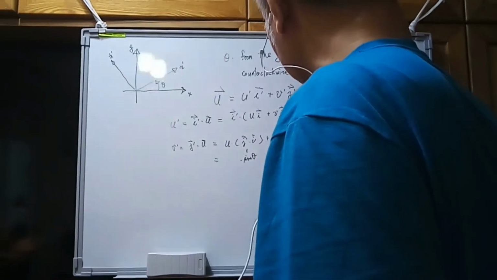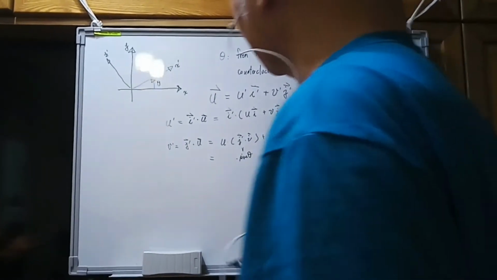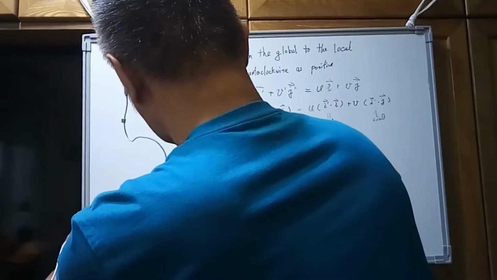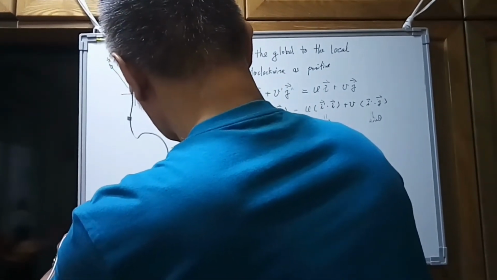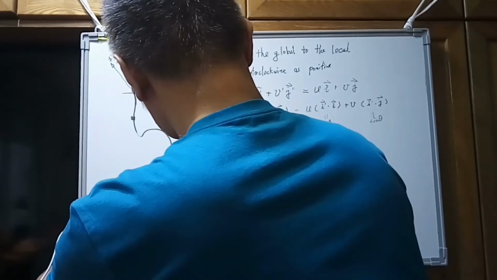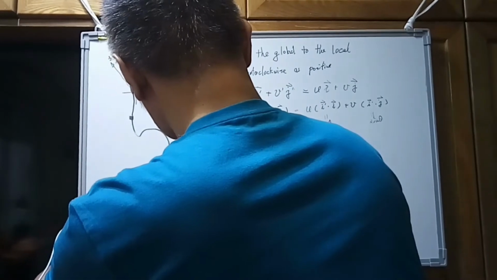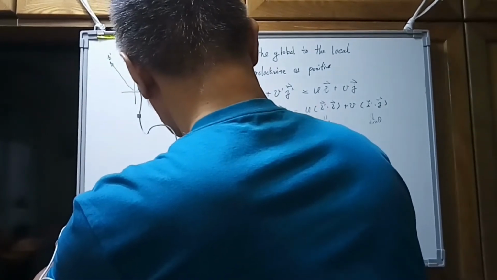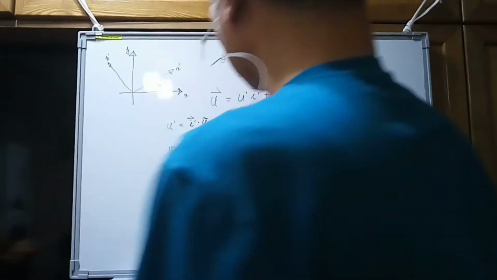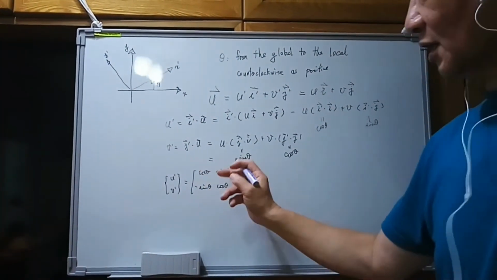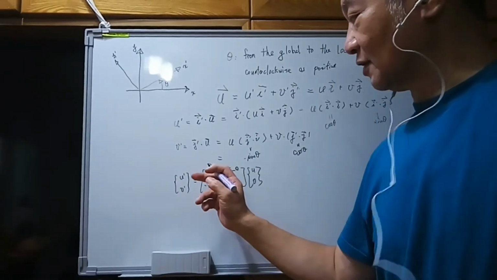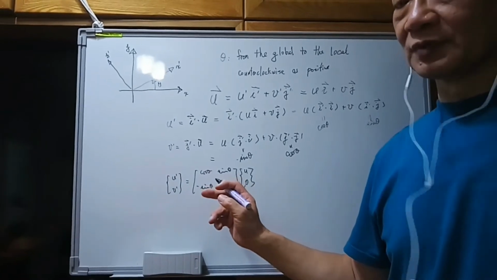This one is the cosine. Okay, so we can get the transformation: u prime v prime equal to the matrix cosine theta, sine theta, negative sine theta, cosine theta, times u v.